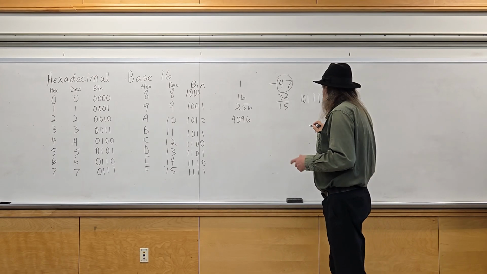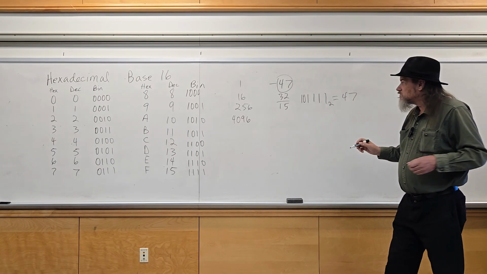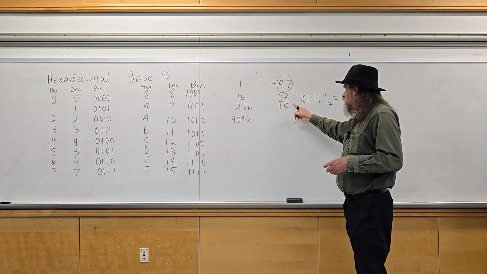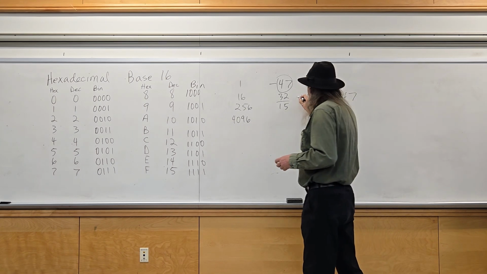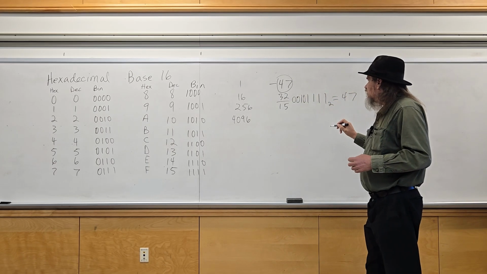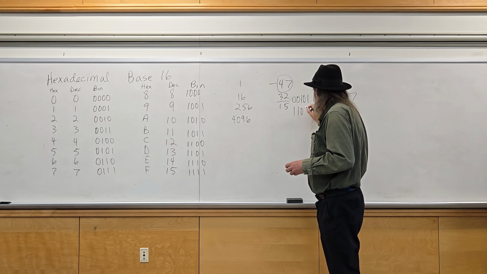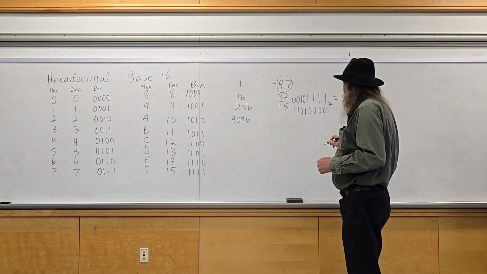And then you would invert, but first you need to pad with leading zeros to make it an even number of nibbles. So add 2 zeros because you have 6 bits. Then you invert: 1, 1, 0, 1, 0, 0, 0, 0. And then add 1.